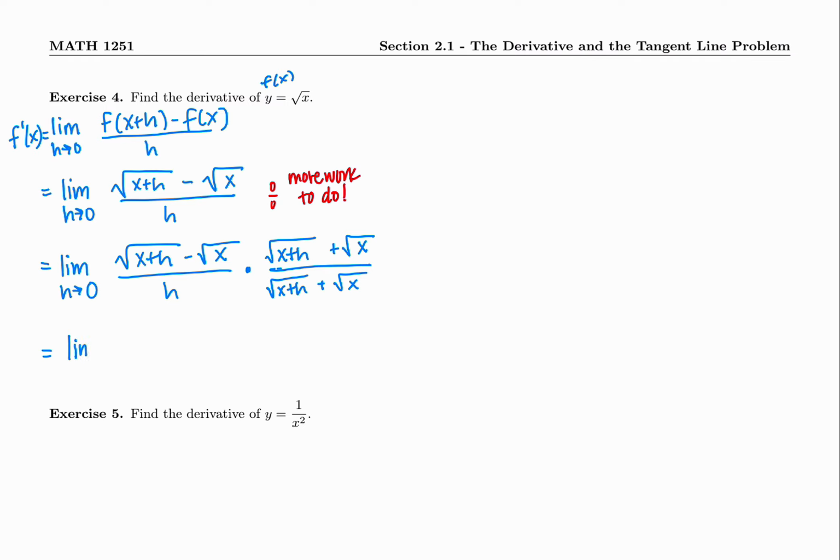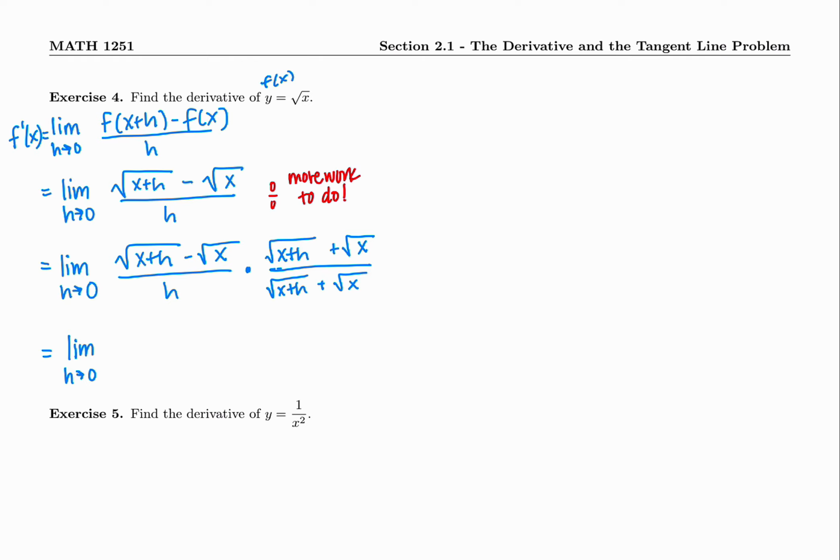So now this is the limit as h approaches 0. And I'm going to multiply out the top. I will be foiling, technically, because I have this two-piece binomial times this one. Take a moment and pause the video and make sure you can do that multiplication, because something nice is going to happen, and it will be easy to clean up.